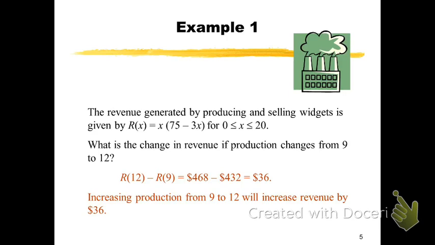We want to know R of 12 minus R of 9. So we get $36. What is that telling us in English? If I produce from 9 and I increase to 12 units of this item I'm selling, my revenue will increase by $36.